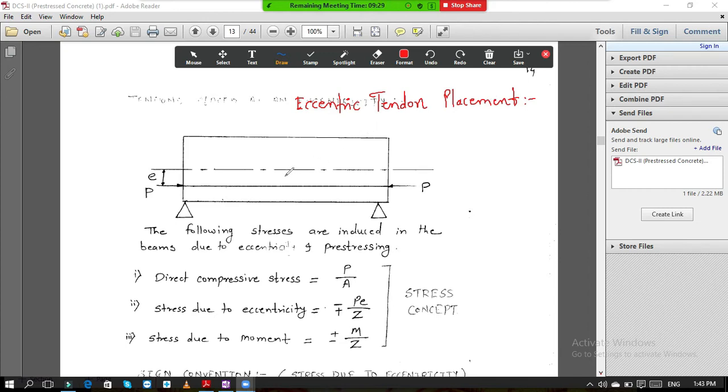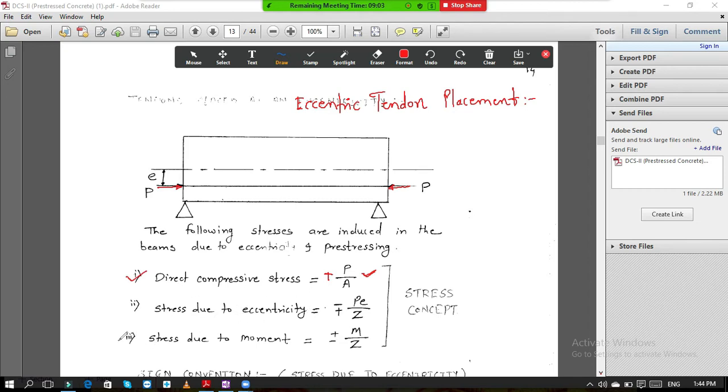All the things will remain the same. Your stressing force P is applied over here. So your direct stress, what is it? It is P by A. It is always plus at top and bottom. We have discussed this. Now there is no problem in the direct stress.